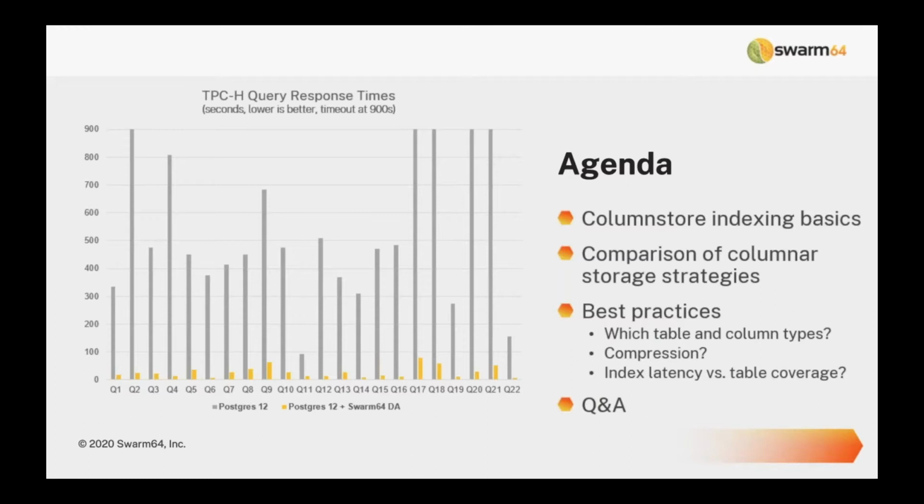But in the TPC-H, which is a popular data warehousing benchmark, Swarm 64 helps Postgres run about 20 times faster overall, which is great.